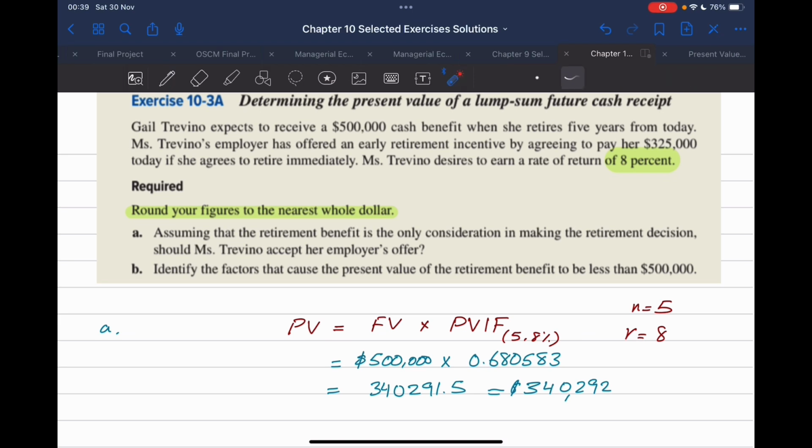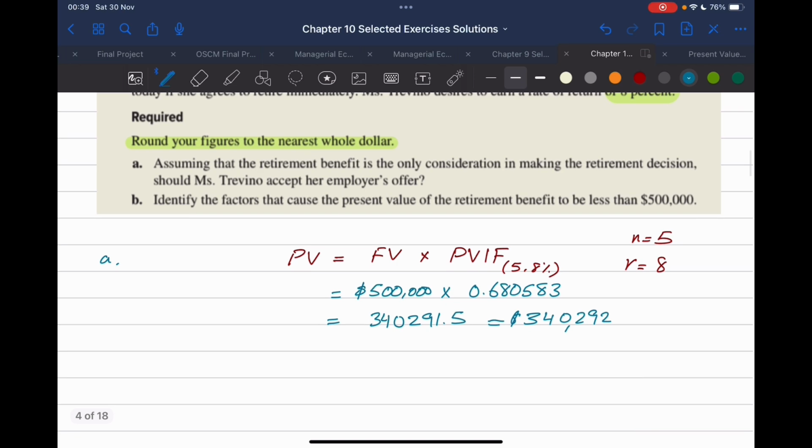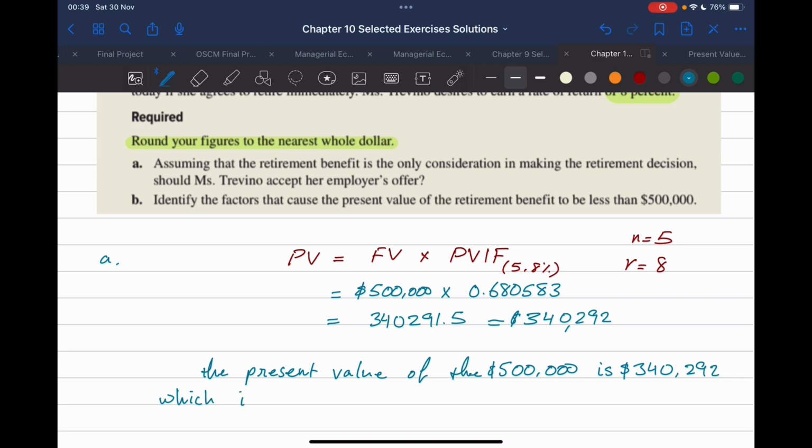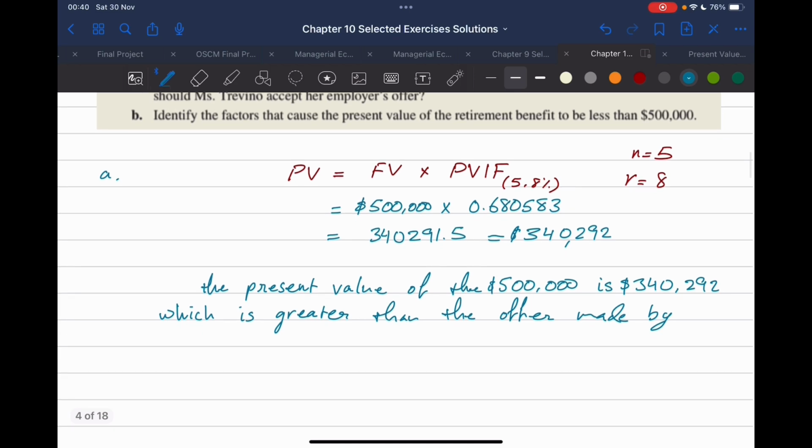So now we take this amount and compare it to the offer, which is $325,000. Okay. Clearly, the present value of the $500,000 is $340,292, which is greater than the offer made by the employer.